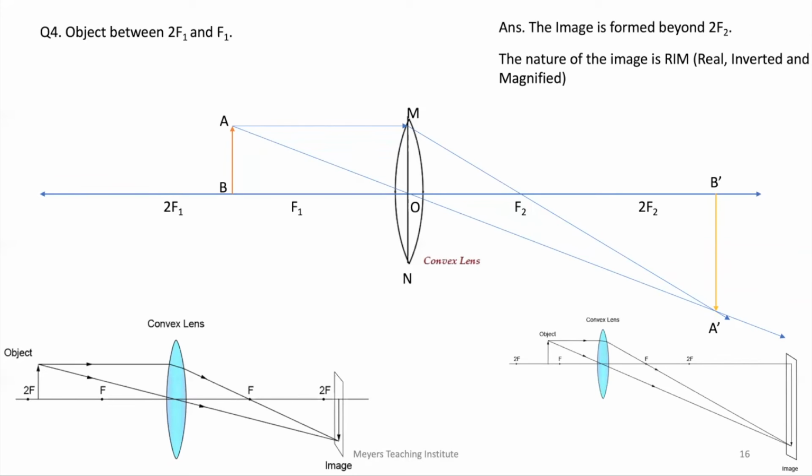So what my diagram initially showed was somewhere right in the middle, but these two diagrams at the bottom show two different positions. One where the object is a bit closer to 2F1, and the other where the object is a bit closer to F1. But in all the three cases, the object is placed anywhere between 2F1 and F1, and it proves that the nature remains the same in all three cases.